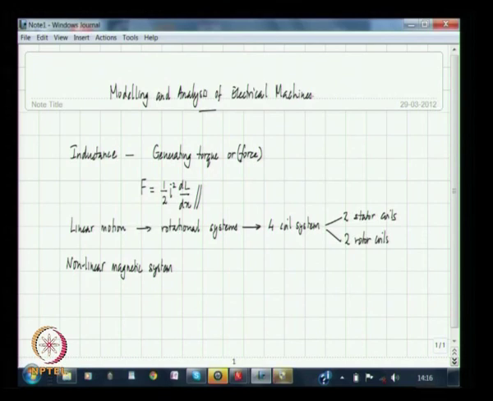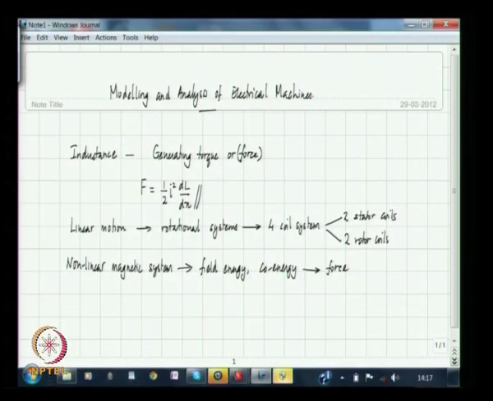The equations which we formulate for the linear motion system and the linear magnetic rotational system are not really applicable here, because the inductance is going to vary with respect to the excitation itself, and therefore for analyzing this we then looked at ideas of field energy and then co-energy of the system, and then from this how to derive the expression for force, that is then looked at as the rate of change of co-energy with respect to displacement and so on, force, or for that matter the generated torque.